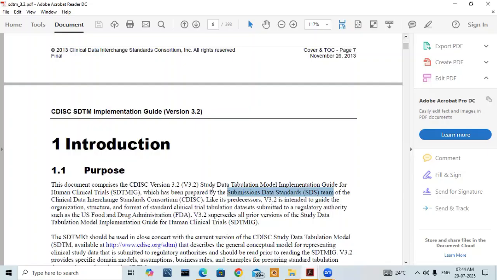Understood? And SDTMIG, Study Data Tabulation Model Implementation Guide. SDTMIG means what here? The Study Data Tabulation Model Implementation Guide is there, which you can download from the CDISC organization.